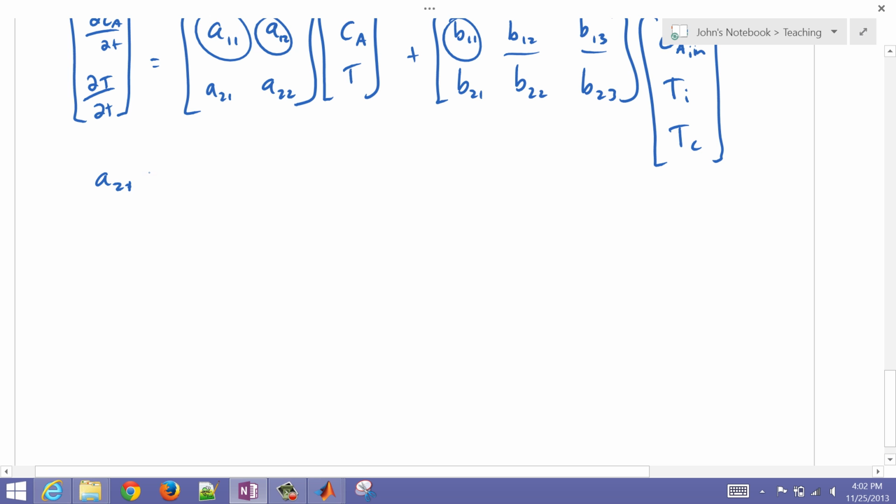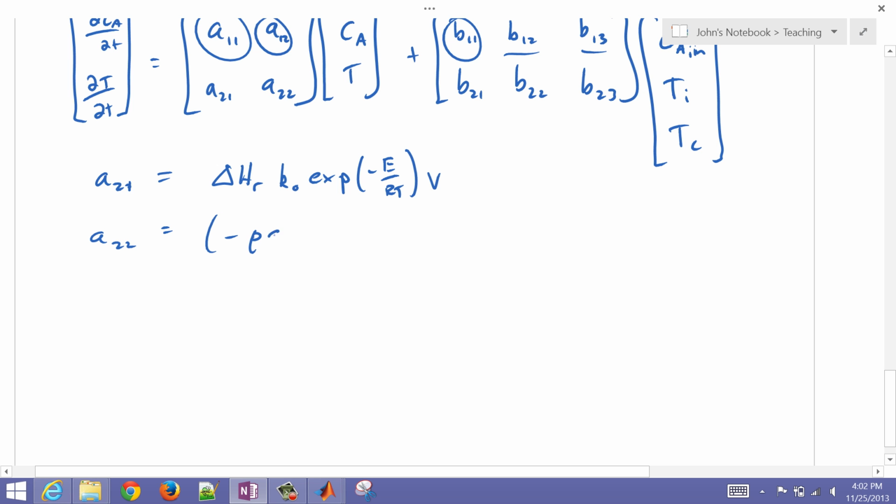This is for the temperature, so that's just going to be the derivative with respect to concentration, and so that's going to be delta H R K naught E. Now this one's a little bit more complicated. It's an energy balance, a few more terms involved. Then A22 is going to be, now this one's really involved here.